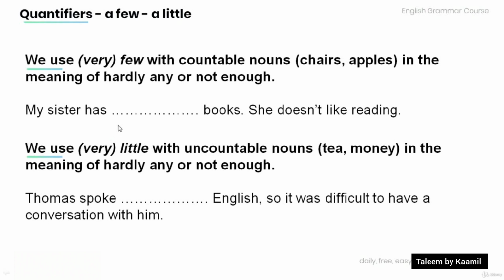My sister has books. She doesn't like reading. My sister has very few books. She doesn't like reading. Thomas spoke English, so it was difficult to have a conversation with him. Thomas spoke very little English, so it was difficult to have a conversation with him.